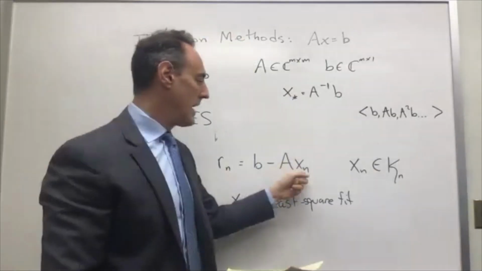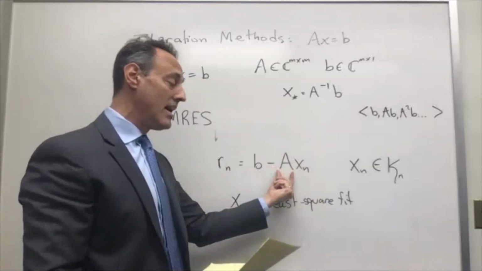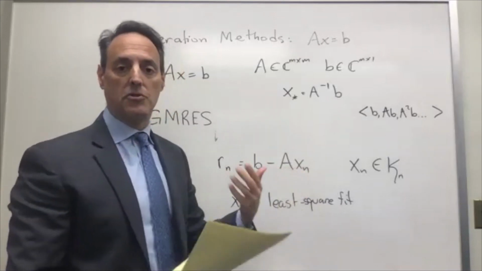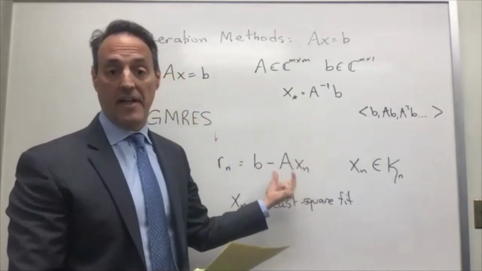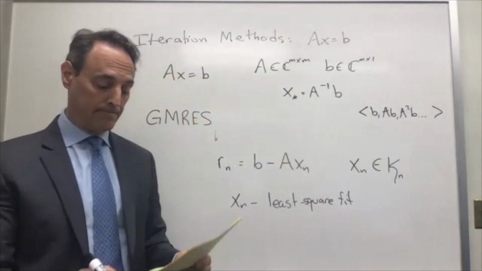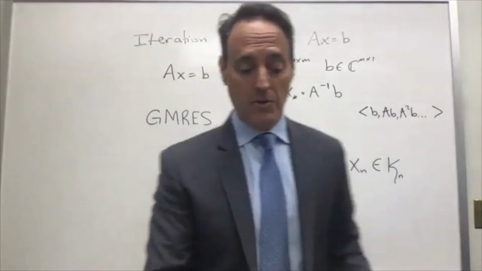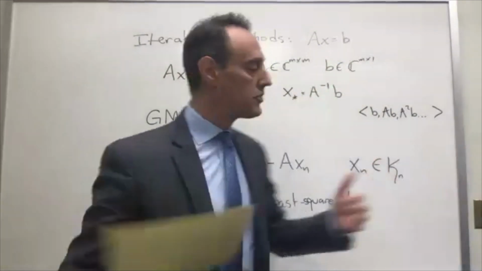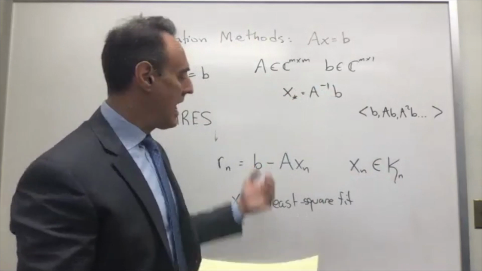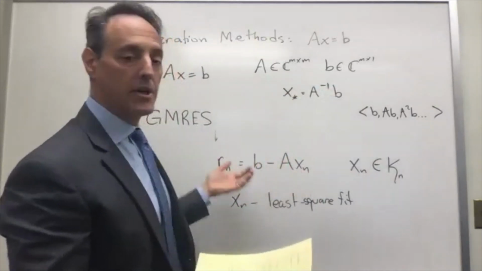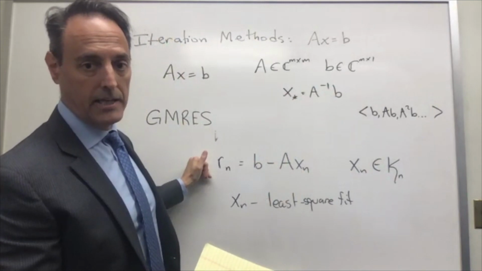So this is going to be some n-dimensional space trying to represent, this thing is m by m, but this thing here is a small space, it only spans an n-dimensional space out of that m-dimensional space. So that's the main idea. Then the question really comes down to, given that this vector x of n lives in that Krylov subspace, how do I determine the x of n at each iteration that minimizes this at each step?